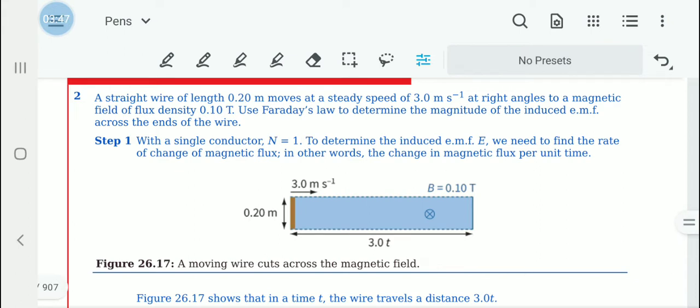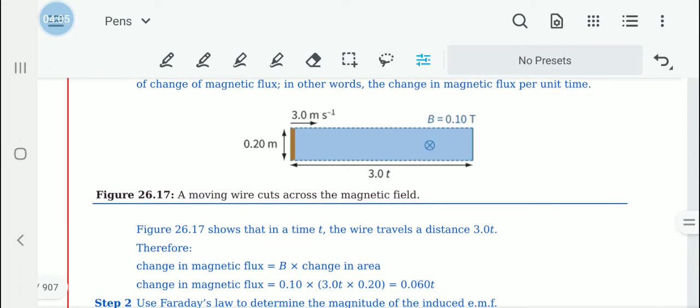So with a single conductor, N equals 1, to determine the induced EMF E, we need to find the rate of change of magnetic flux. So we need to find the change in φ, the change in magnetic flux per unit time.